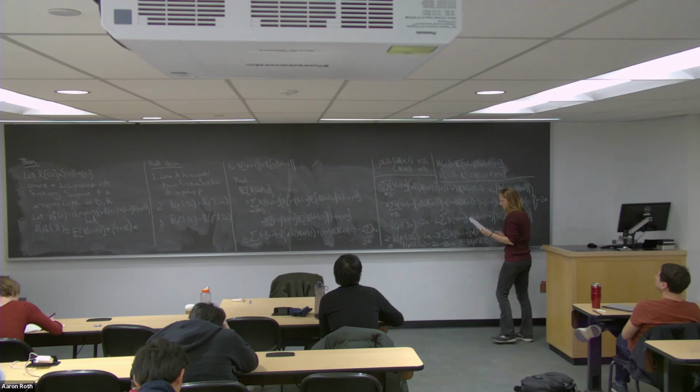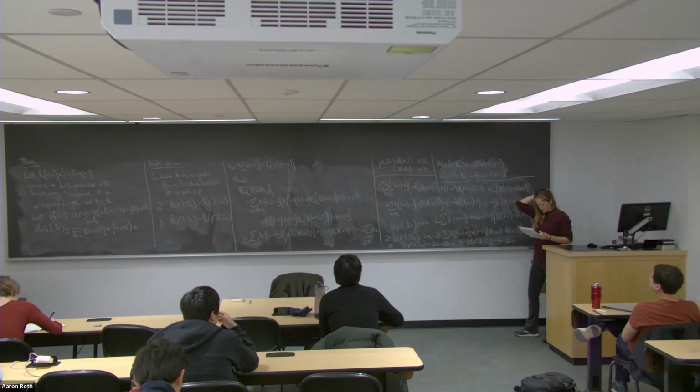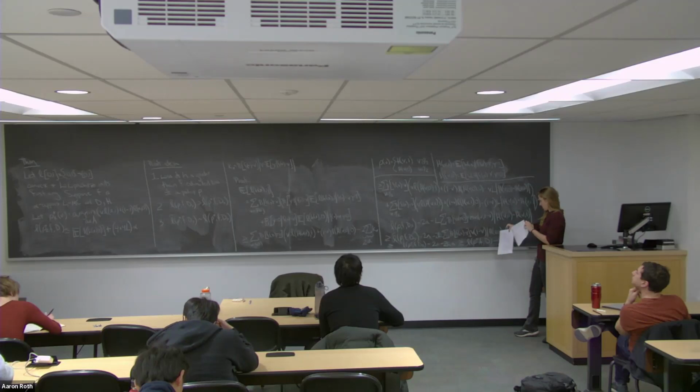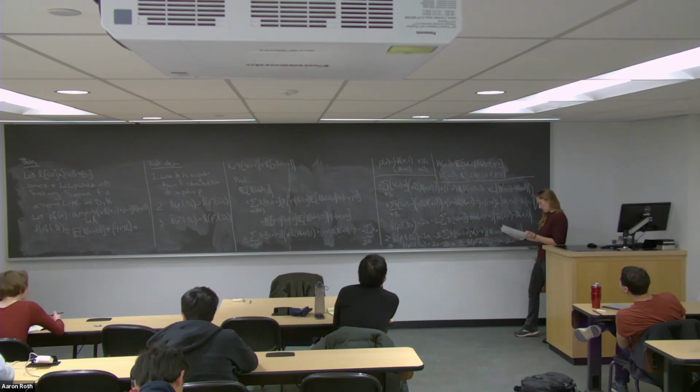I think in the notes we have a factor of 4 alpha, or a factor of 4 in front of the L. Is that from the bound on... okay.